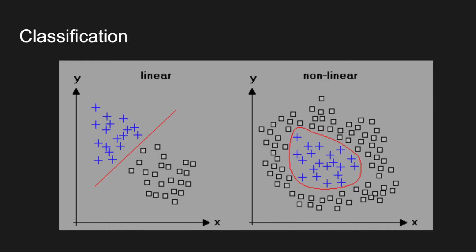We are telling it what is a plus and what is a square, and then you want to derive that red line that you see, right? The red line is your classification boundary, or you can also call it a support vector, and this is a linear one, wherein you say that anything on one side of the line is a plus, and anything on the other side of the line is a square. The same thing can be done even in a non-linear manner. So the graph on the right side shows you a non-linear classification.